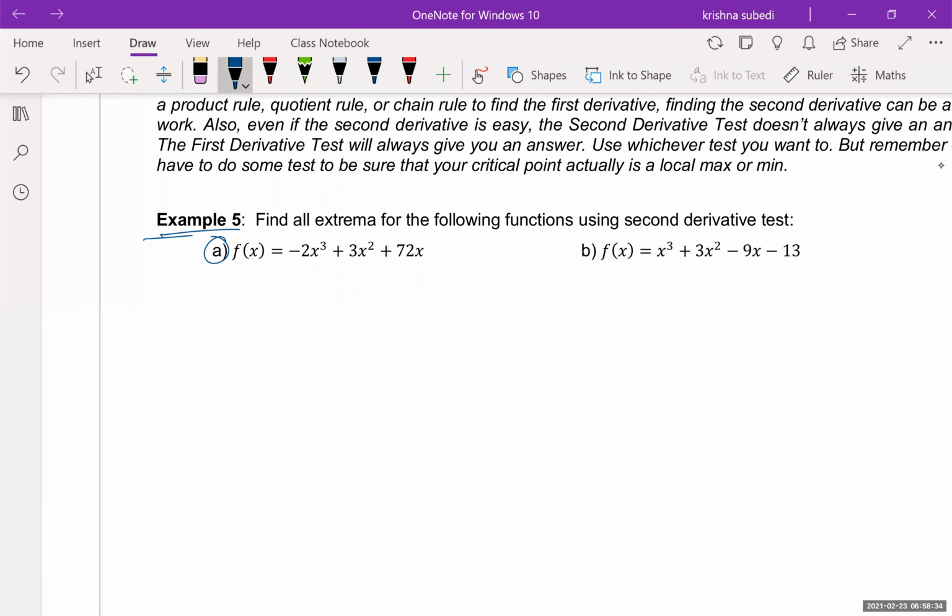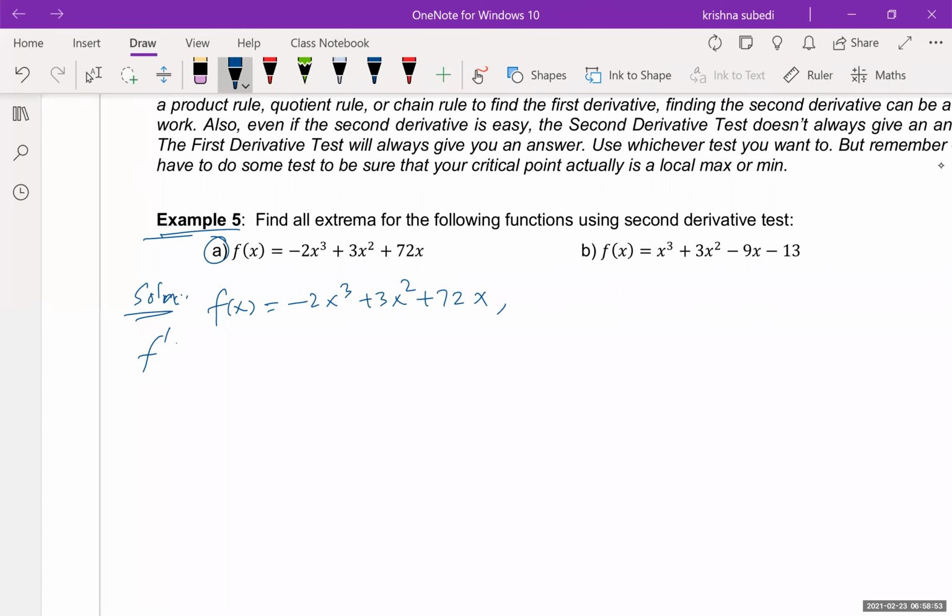Example 5, part A. We are given the function negative 2x cubed plus 3x squared plus 72x. Now find the derivative.